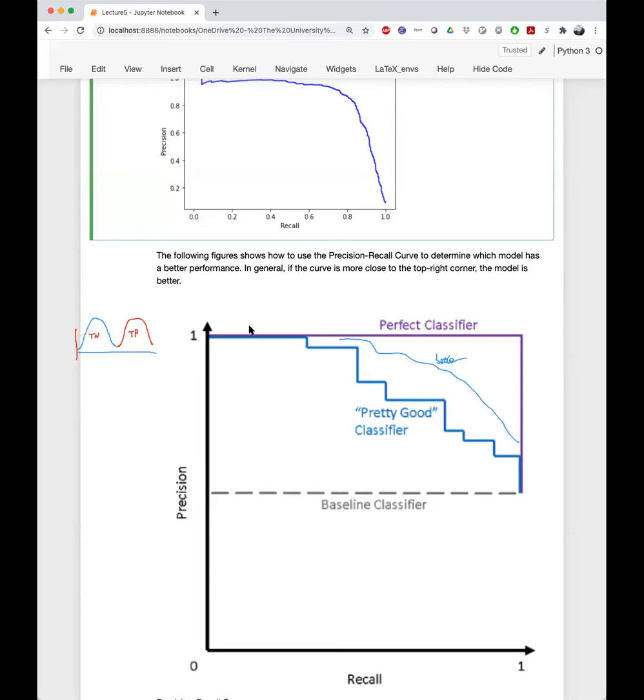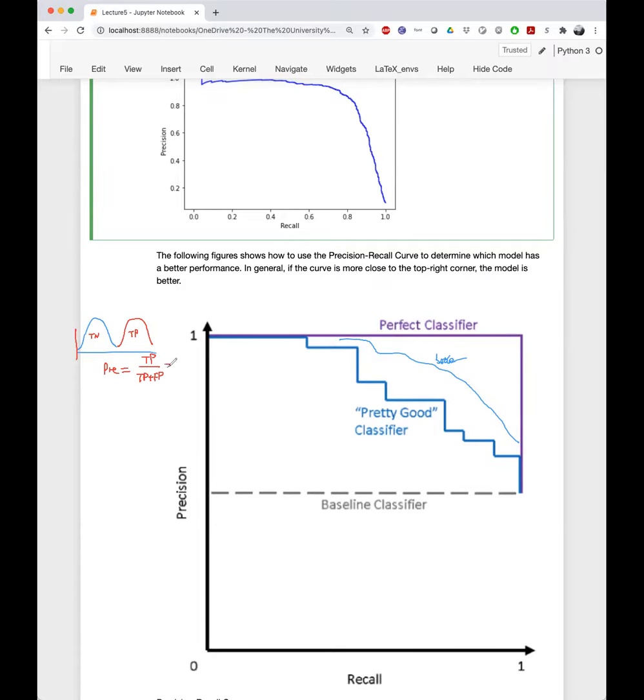For the precision, it's actually 0.5 in this case. Because if the threshold is here, it predicts these 100 cases as positive, and these 100 cases as positive. For precision, remember the definition is true positive over true positive plus false positive, or the denominator is simply the cases that are predicted positive.